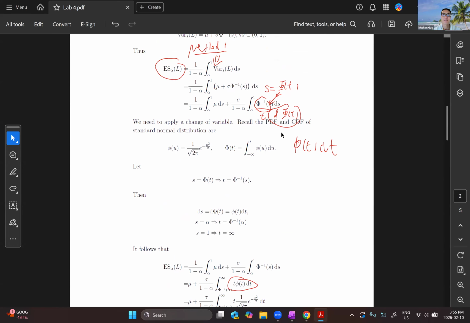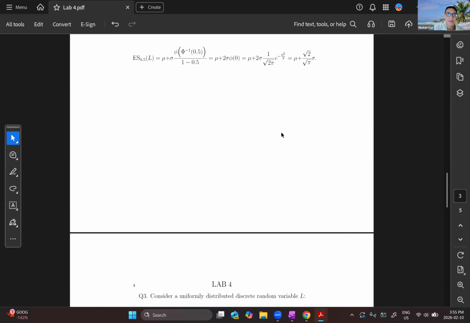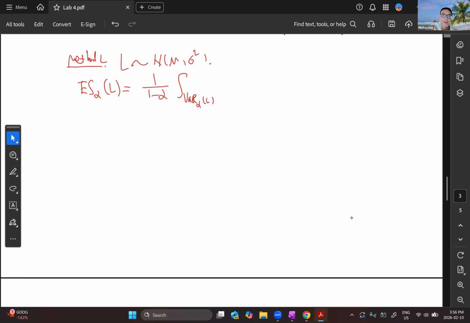Okay, method 2. This is in a lab, so you should know about it. Now let me do method 2 of this example. So L follows a normal distribution with mean mu and variance sigma squared. If we compute the expected shortfall of L, by the formula it is the integral from the value at risk to infinity of t times the density function.